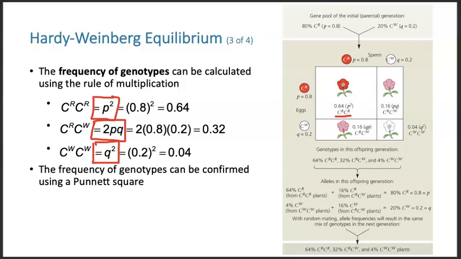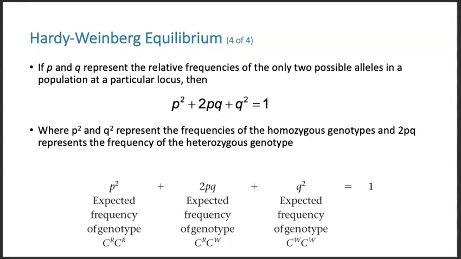These are the frequencies of the various genotypes. Just remember that p and q represent the relative frequencies of the two possible alleles in the population. And by doing all that math that we did on the previous slide, we get p squared plus 2pq plus q squared. And just so you know, if you add all those up together, you do get 1, just like with p and q equaling 1.